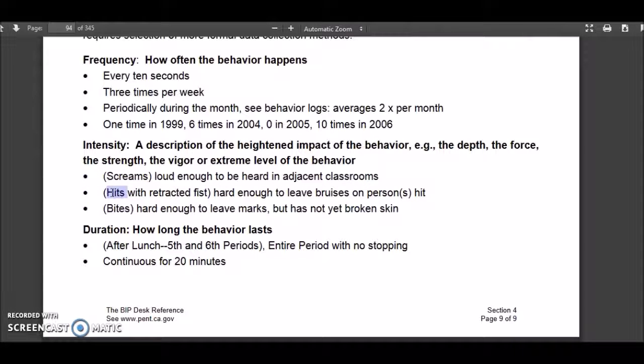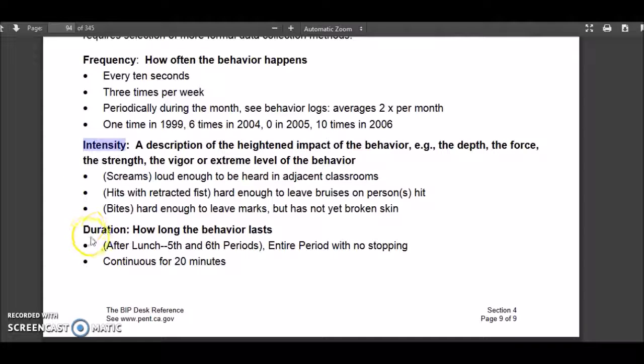Is it just a gentle hit, or is it a clenched fist and hard enough to bruise someone? If the student bites, is it hard enough to leave a mark, or is he just acting like he's going to bite? So again, it depends on the behavior and on the student, and describing the intensity may be necessary in certain cases.